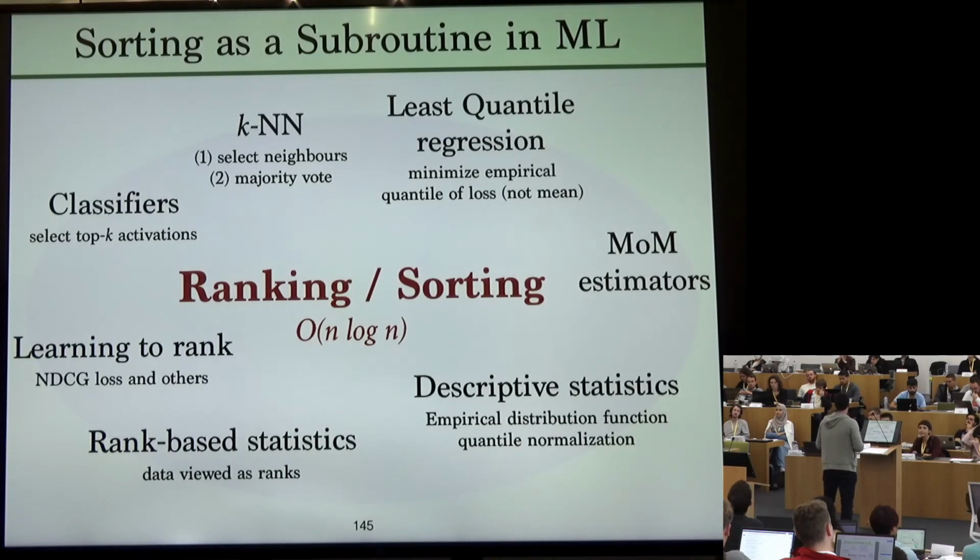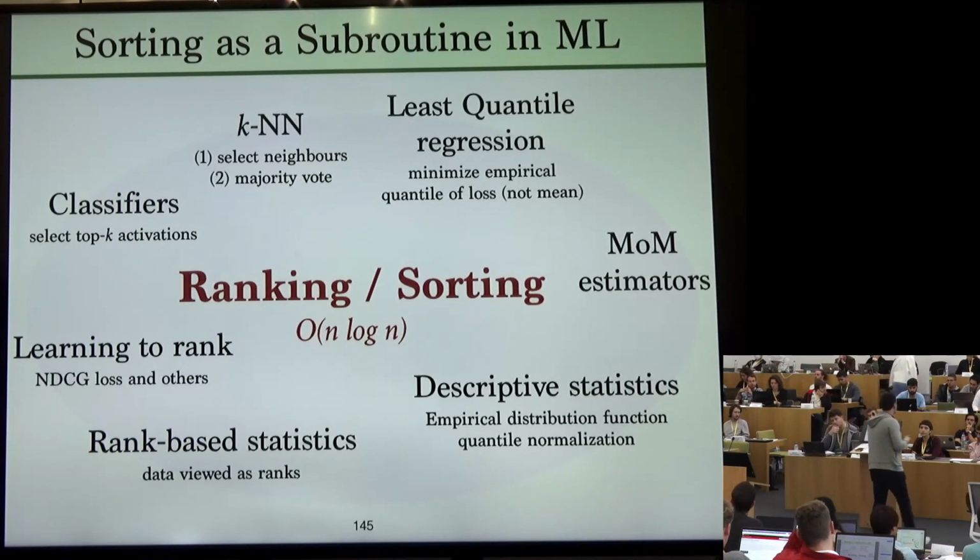The other place where we use ranking and sorting a lot is when we evaluate the performance of a classifier. Typically, we train using cross entropy or some form of regularization of that.